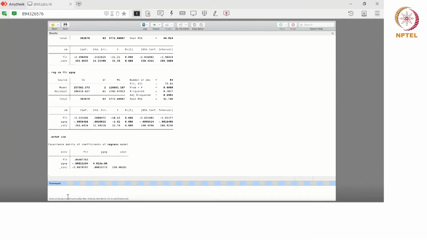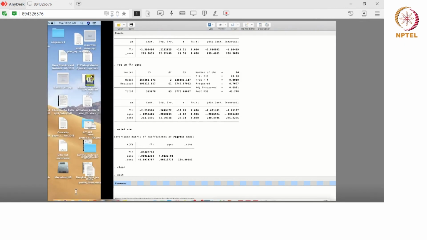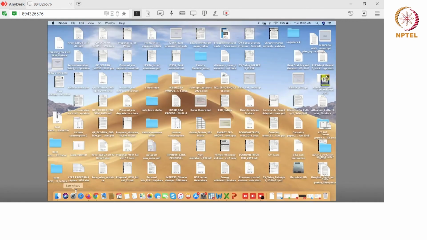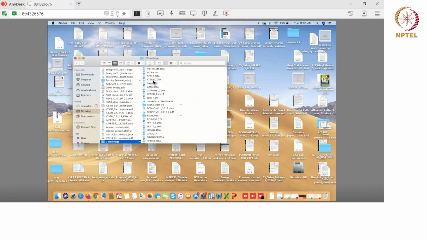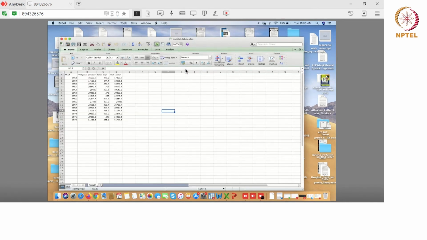For that I am exiting from this child mortality data and opening a new data set, which is given here.